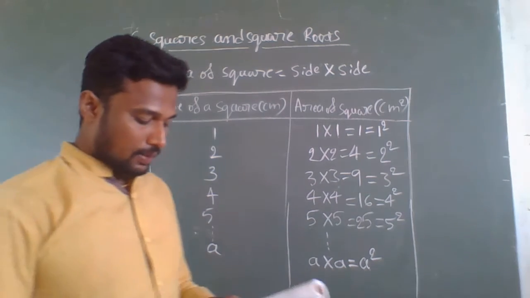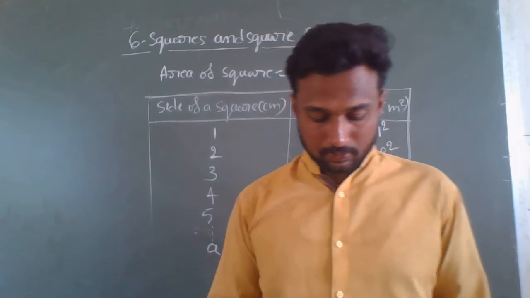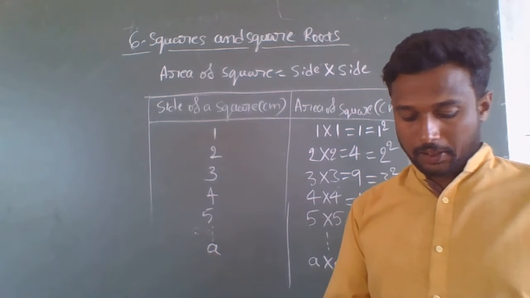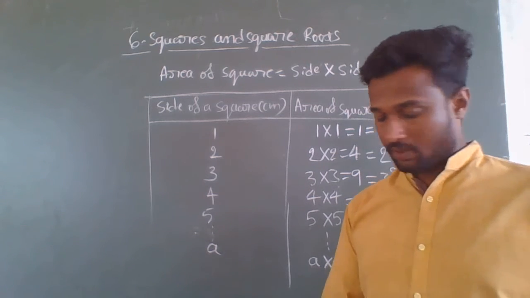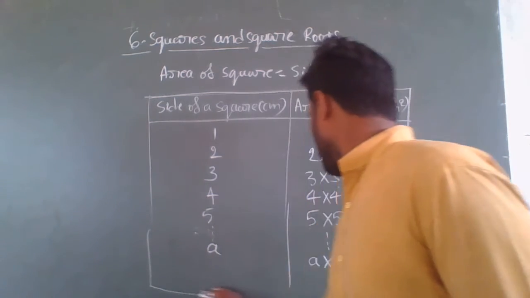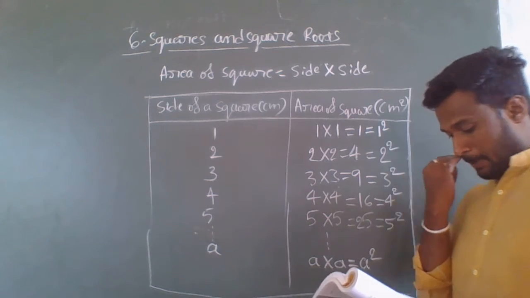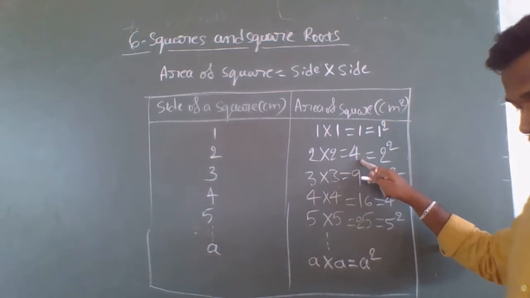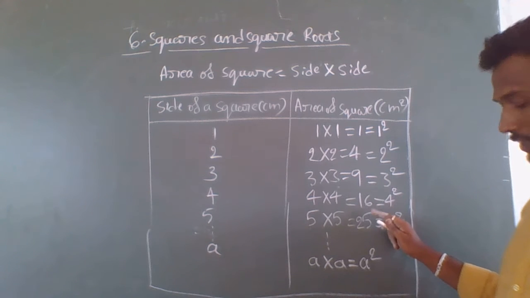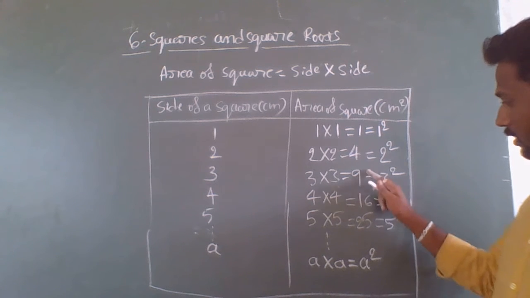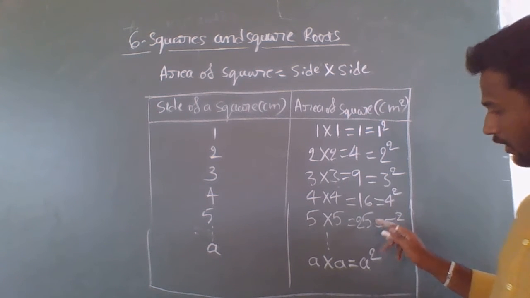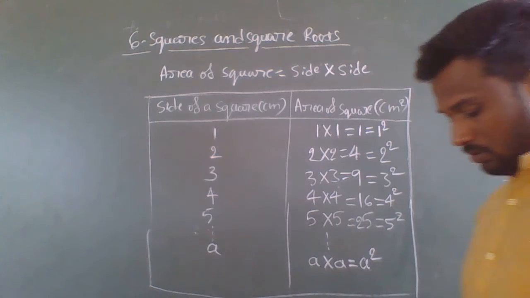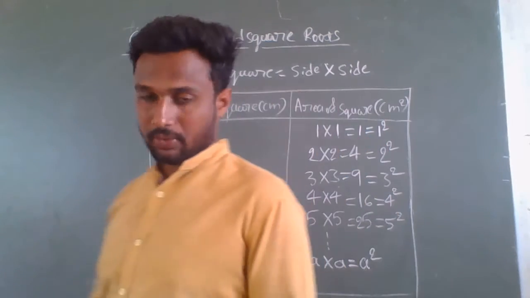Now below this table, what have they given? What is special about the numbers 4, 9, 16, 25, 64 and other such numbers?